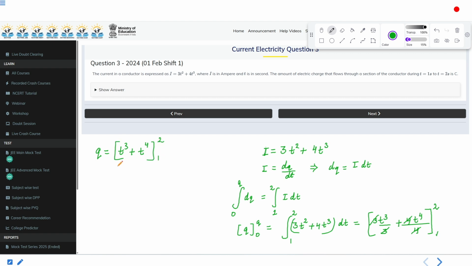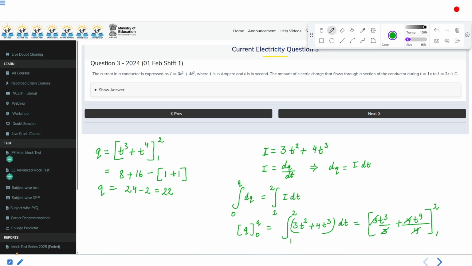With limits 1 to 2, firstly you will put 2. So 2 cube is 8 plus 2 raised to power 4 is 16, minus, now put the lower limit, it will become 1 cube is 1 and 1 raised to power 4 is also 1. So 8 plus 16, 24, minus 2 will be equal to 22.